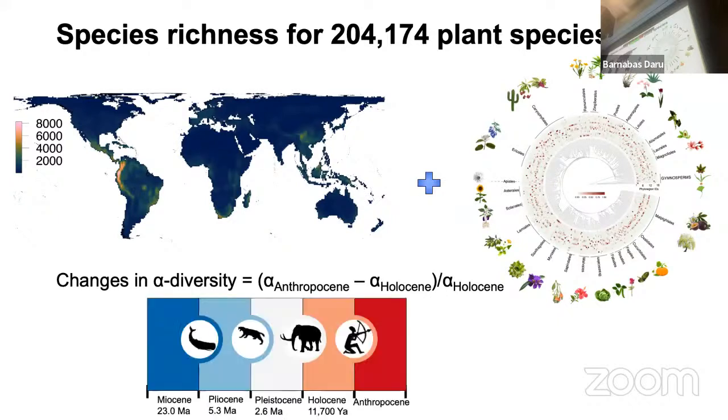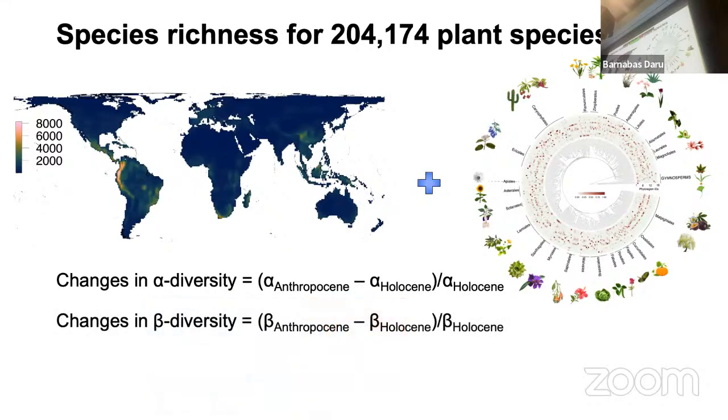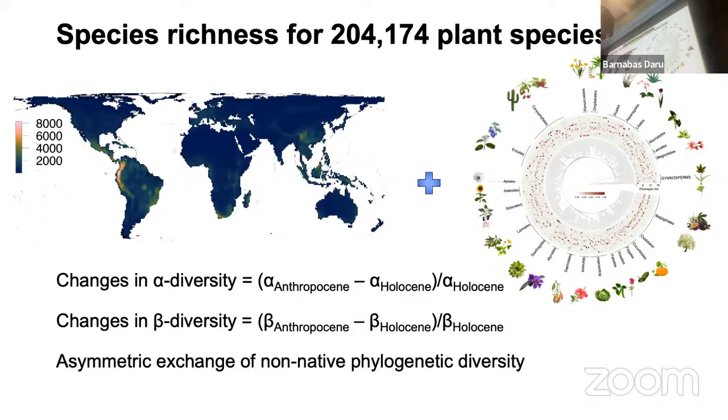And just to remind you again, our definition of Anthropocene and Holocene correspond to these two time epochs, the Holocene to the left and the Anthropocene to the right. And so we did the same for changes in beta diversity by taking the difference in species composition between the Anthropocene and the Holocene. And then we quantified the asymmetric exchange of non-native phylogenetic diversity across regions.